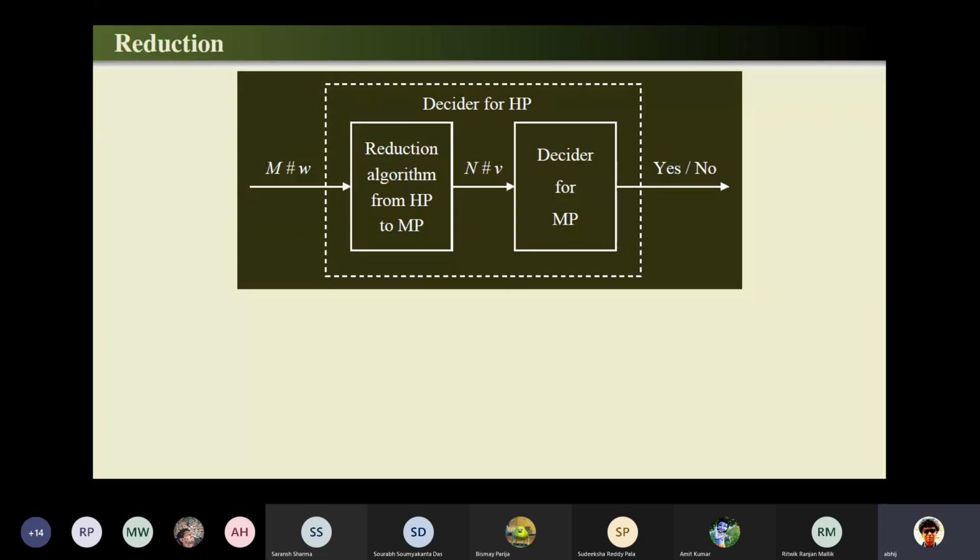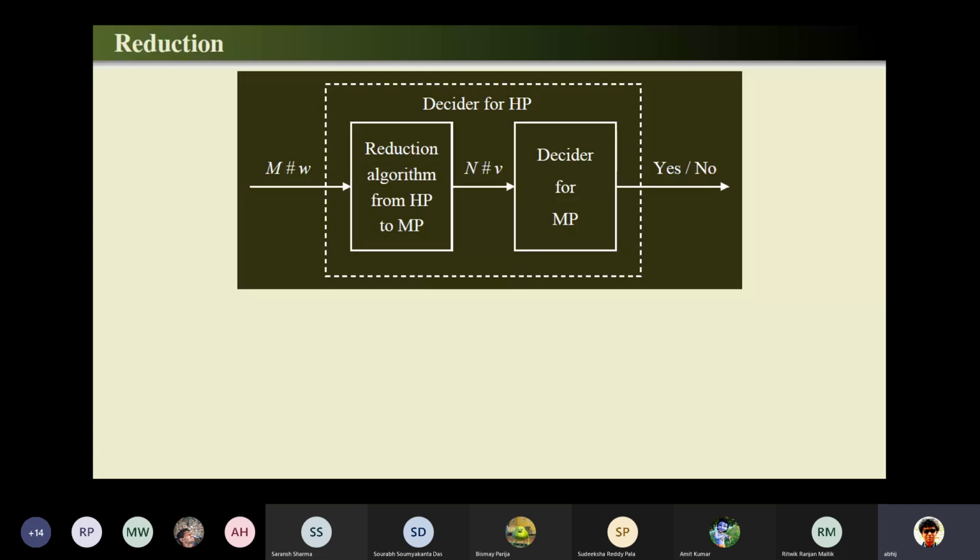So that should be the correctness of reduction. Otherwise, this reduction makes no sense. And more importantly, this reduction must be doable by a total Turing machine. So this reduction algorithm is a Turing machine that given any input will supply an output.